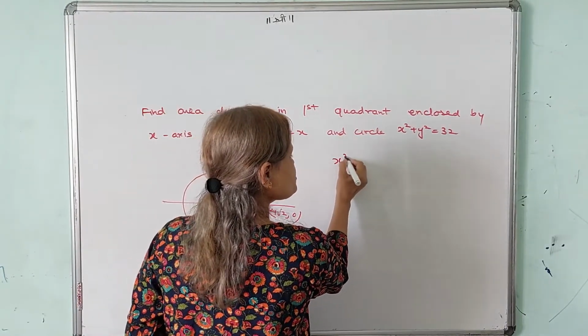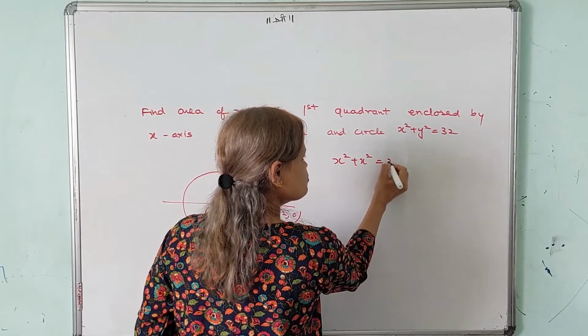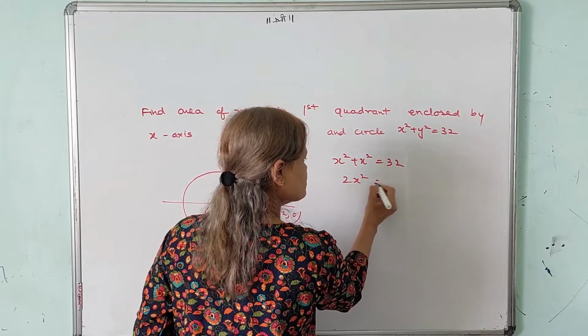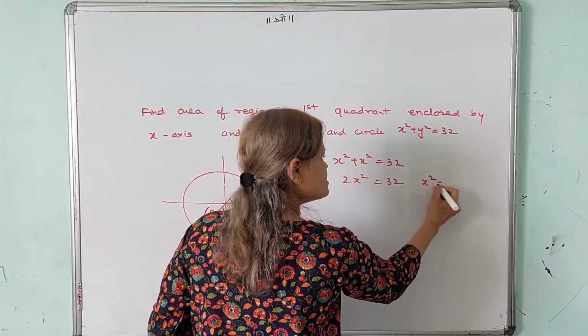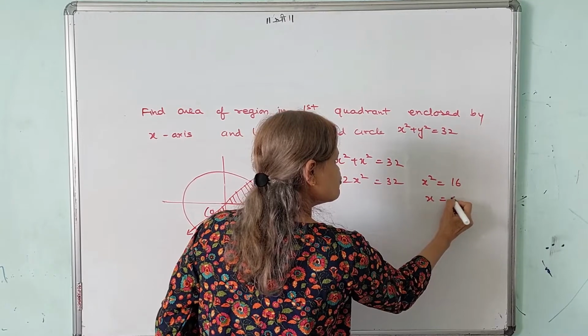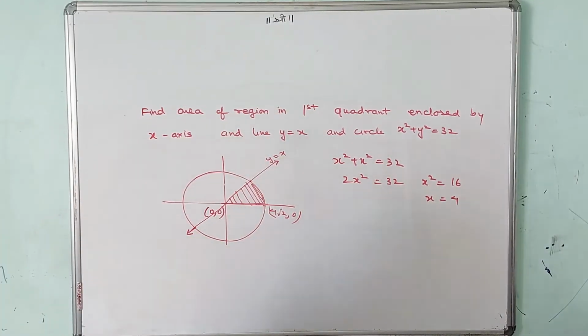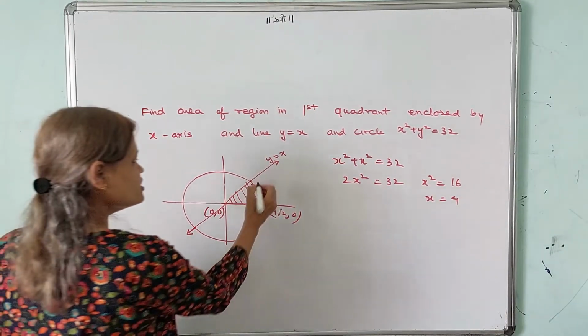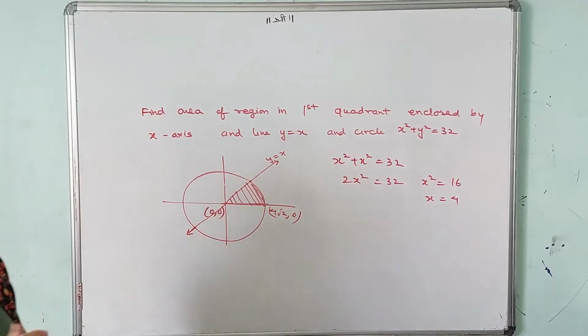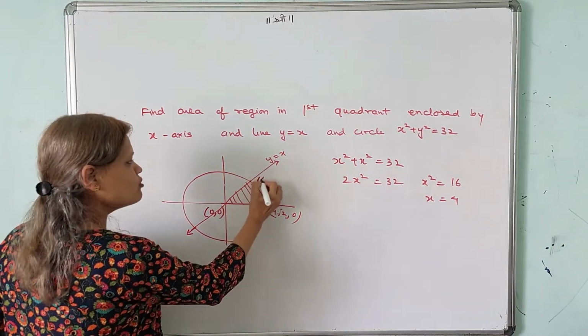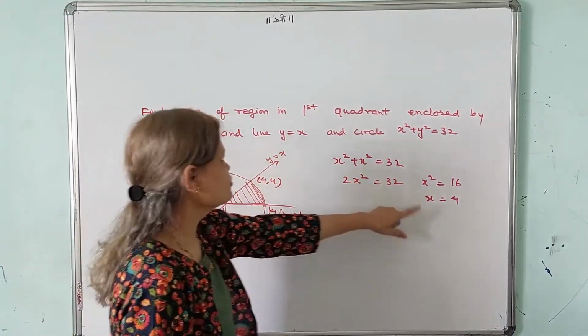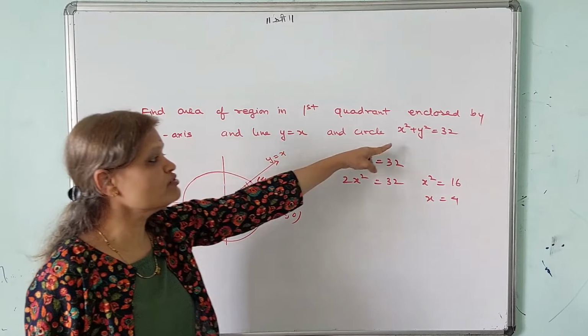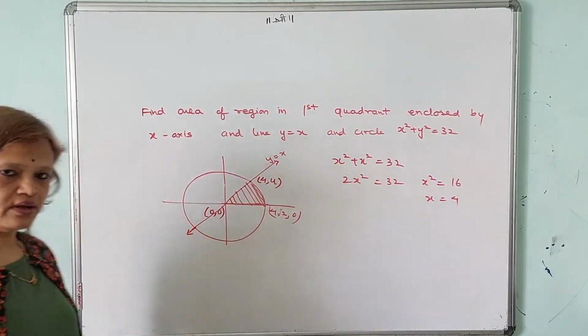I get x square plus x square is 32, 2x square is 32, x square is 16, x is 4. In the first quadrant I am not taking minus 4. So this point has x coordinate 4, and of course the y coordinate will also be 4. So this is 4, 4. Even if we substitute in the other equation, we will get the same.